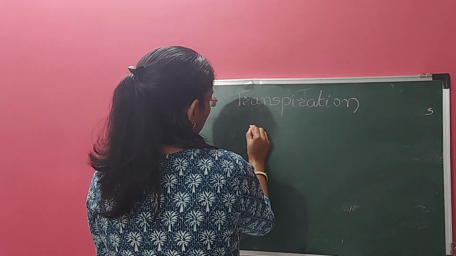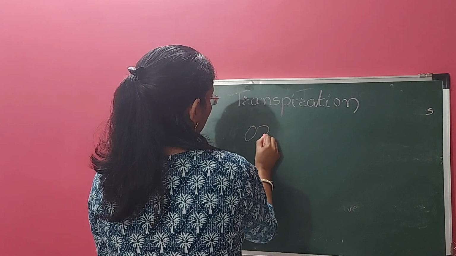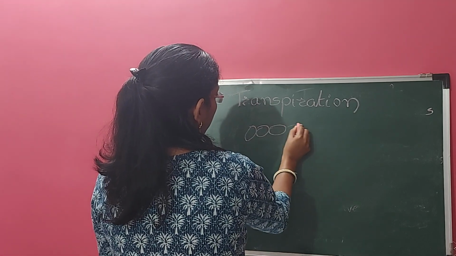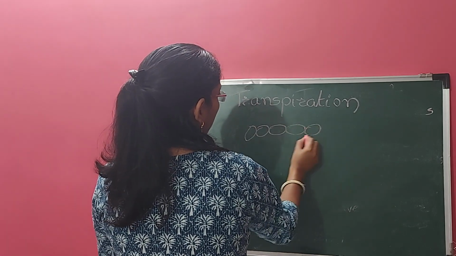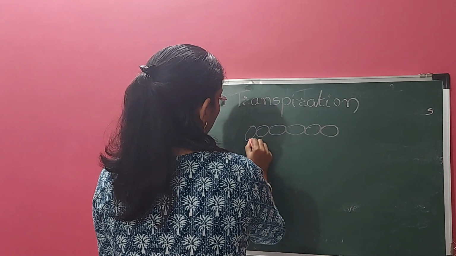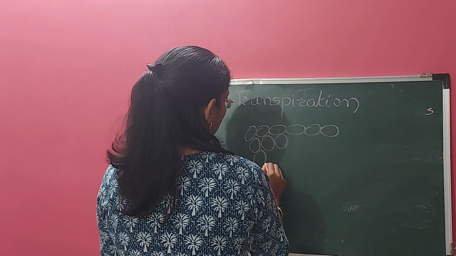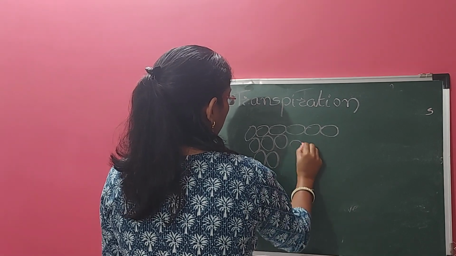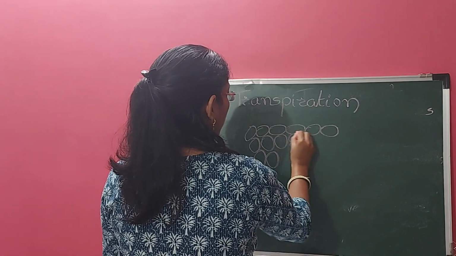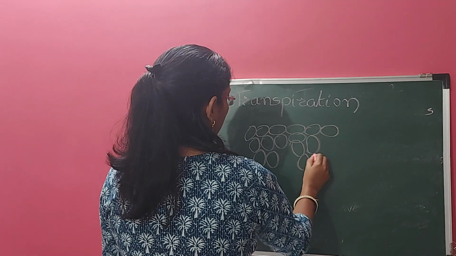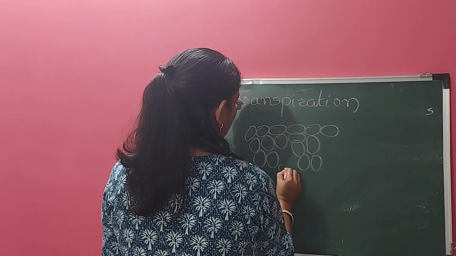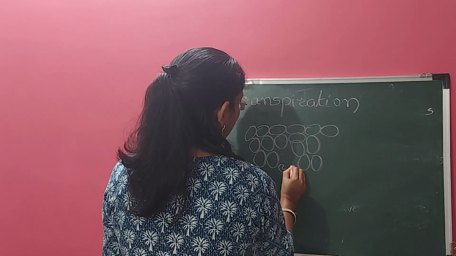Suppose these are the cells present in the leaves of the plant. On the lower side of the leaves there are certain openings guarded by kidney-shaped guard cells.